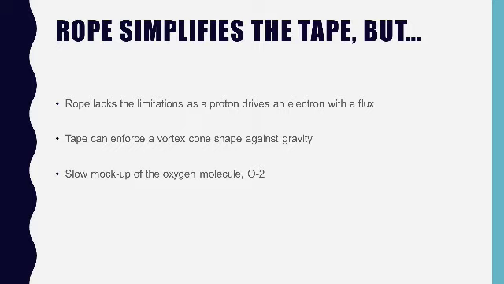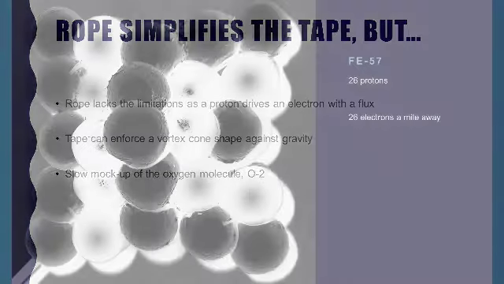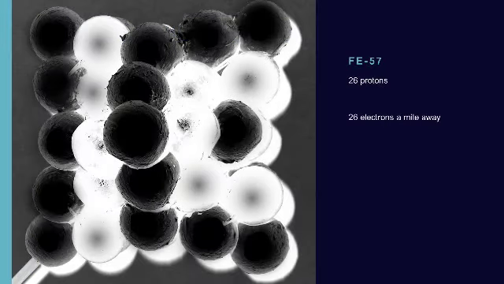But we can have a slow rotation of these tapes or ropes around each other to make a mock-up of the oxygen molecule O2. And in this way, I want to show that there's an equilibrium distance that if you get farther apart, it'll pull together, but if you get too close, it'll push apart. So basically, this is at the atomic scale.